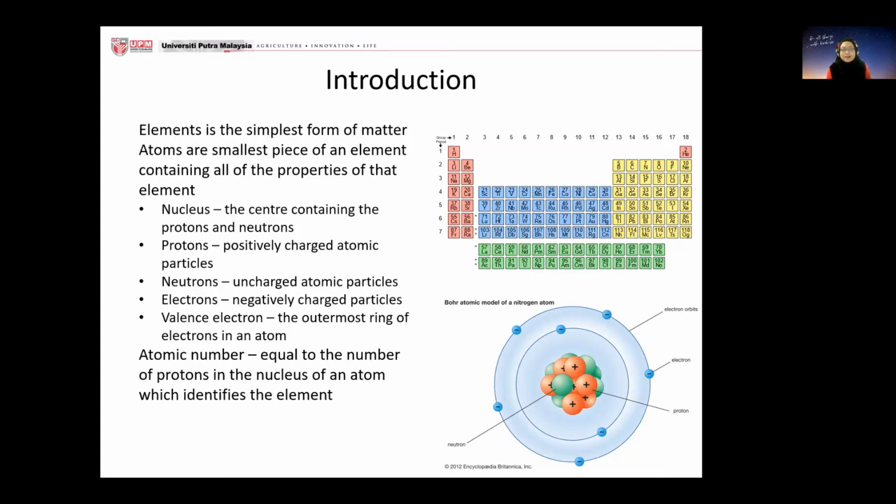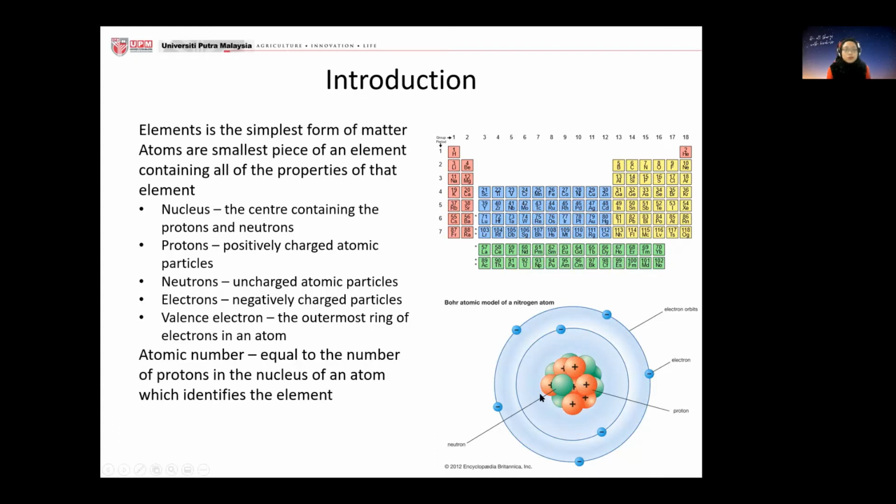In atoms, there are a few different components. There's the nucleus, which is the center, and that center contains protons and neutrons. You can refer to the figure here.